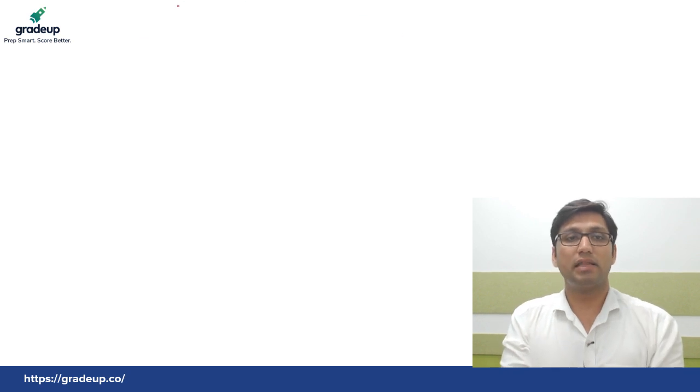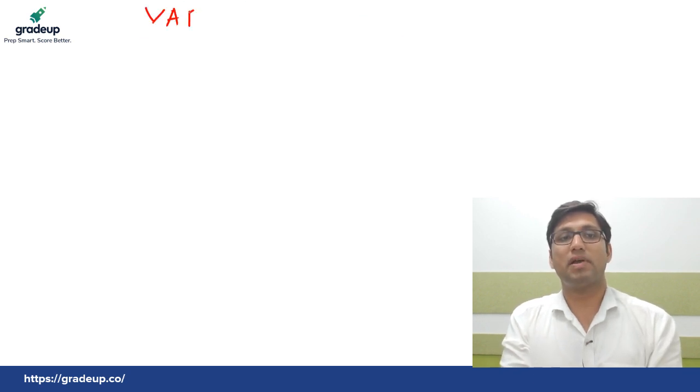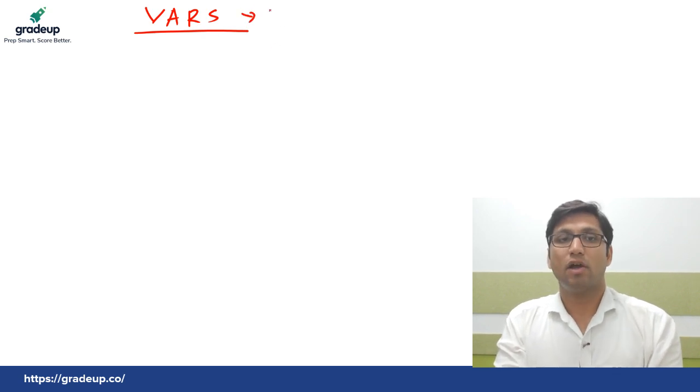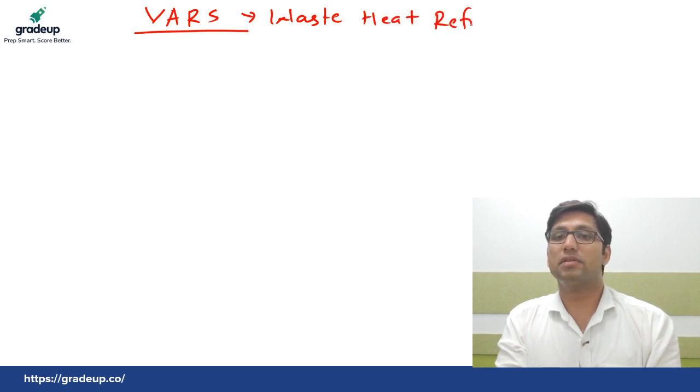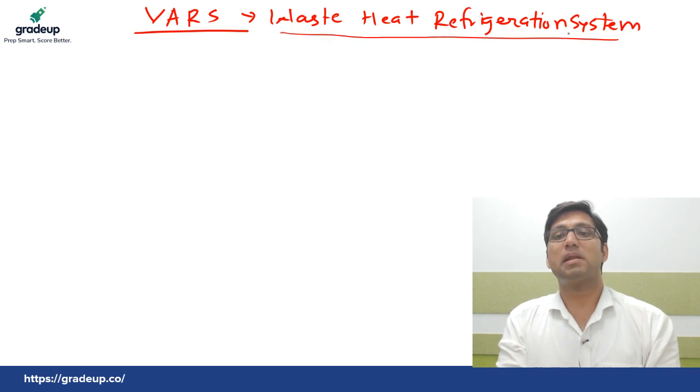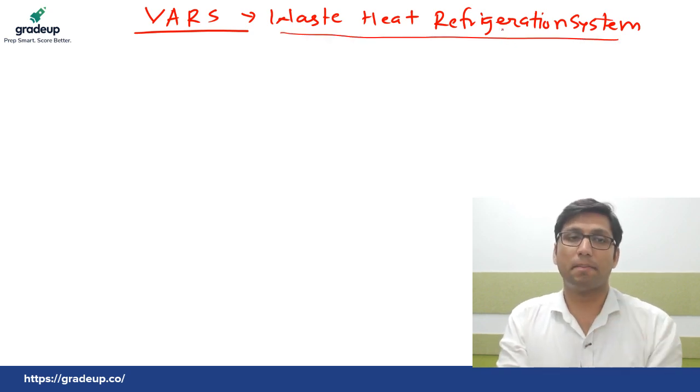Now the last thing is the vapor absorption refrigeration system. Vapor absorption refrigeration system is also called the waste heat refrigeration system, because this refrigeration system does not use a compressor as a work input. Okay, in the vapor absorption refrigeration system, we don't employ a compressor.